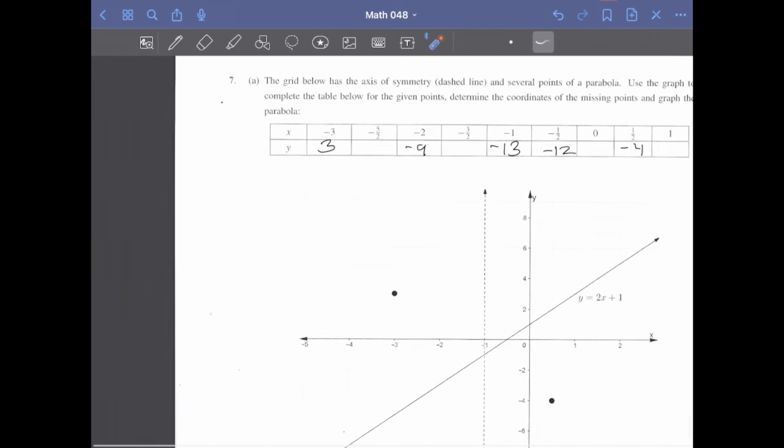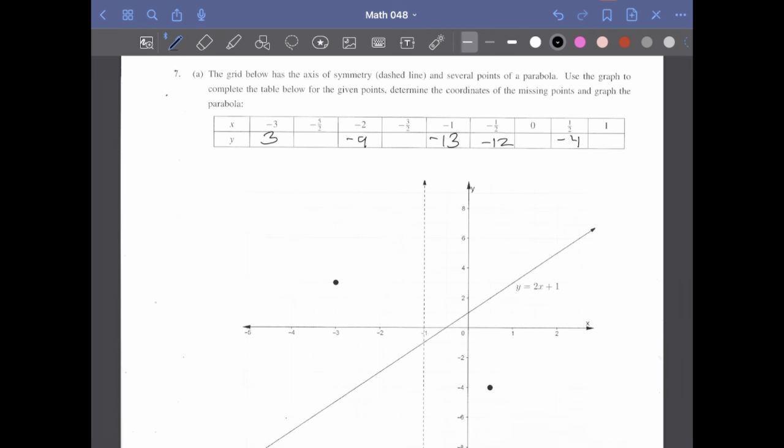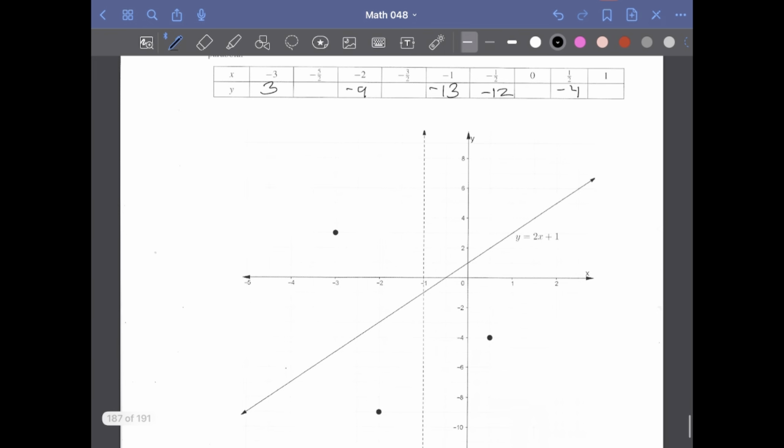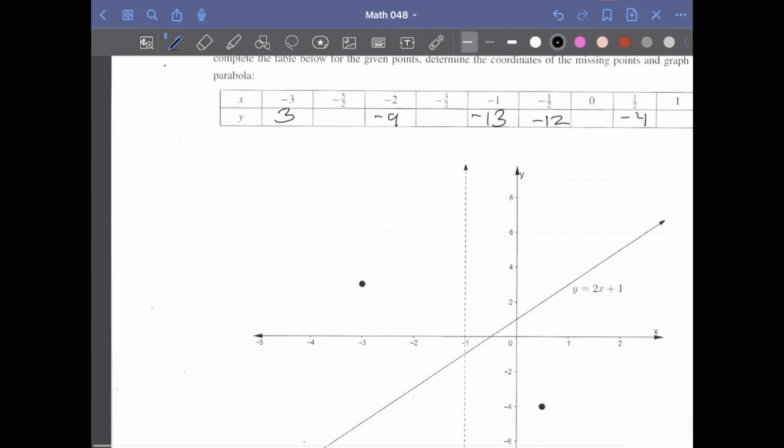So 2x plus 1. Does it say determine the coordinates of the missing points and graph the parabola? So y is 2x plus 1. When x is negative 5 over 2, just substitute. So y is equal to 2 times negative 5 over 2 plus 1.